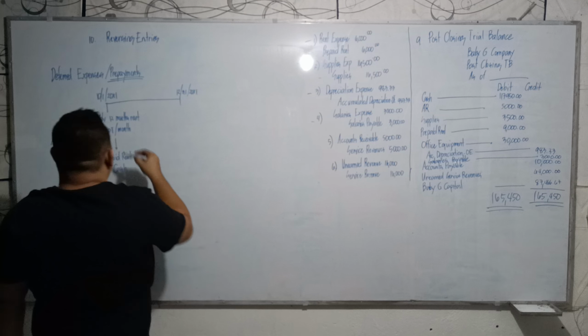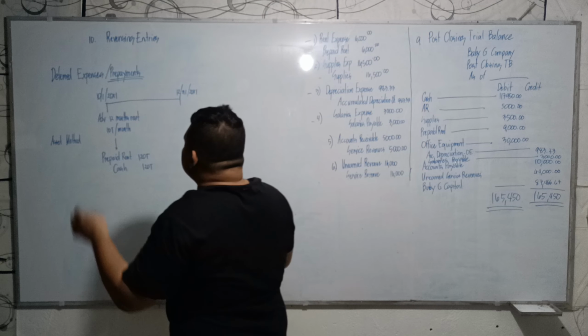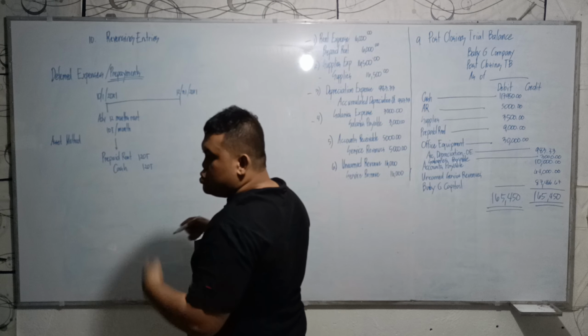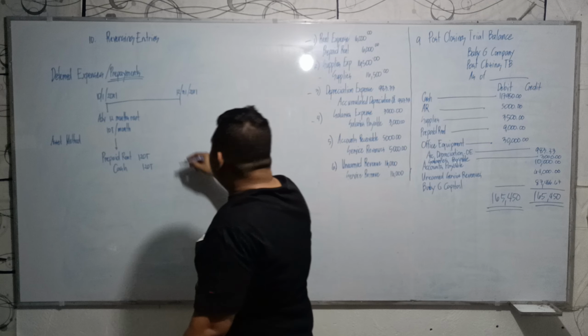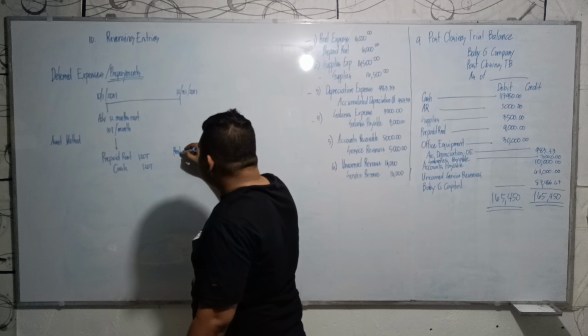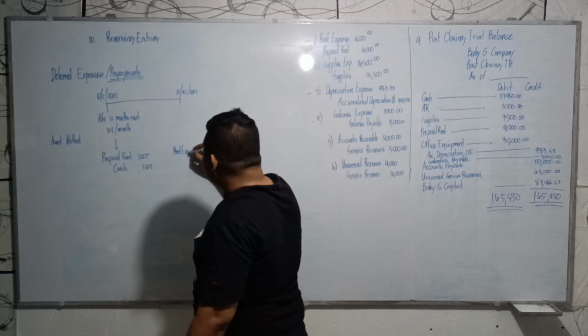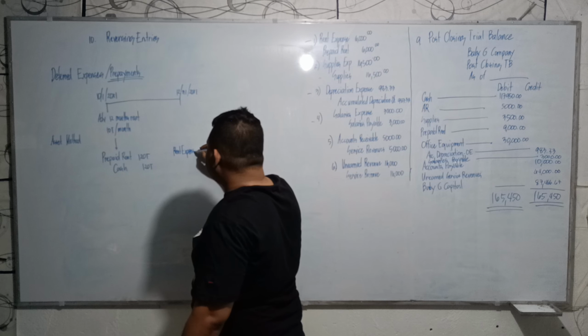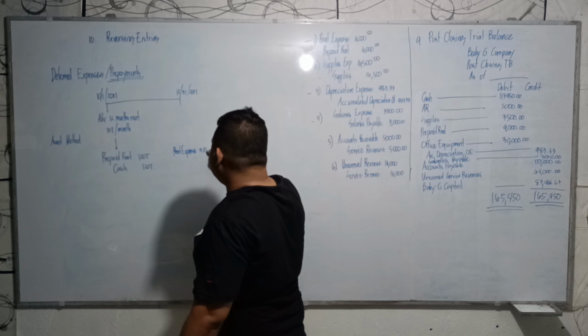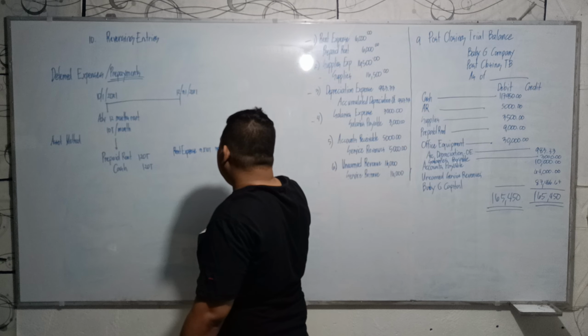And then, at the end of the year, since 3 months have already passed, of course, you have to recognize rent expense for 3 months, which is 3 times 10,000, that's 30,000.